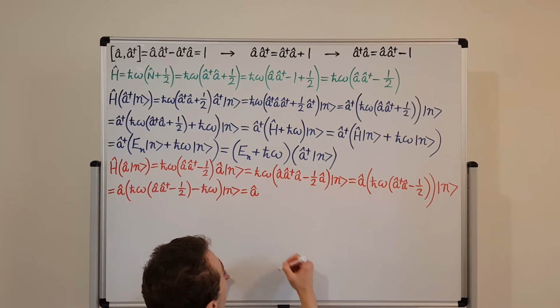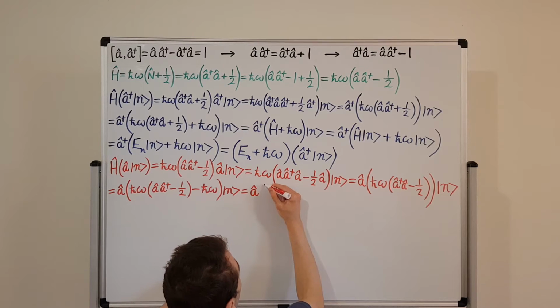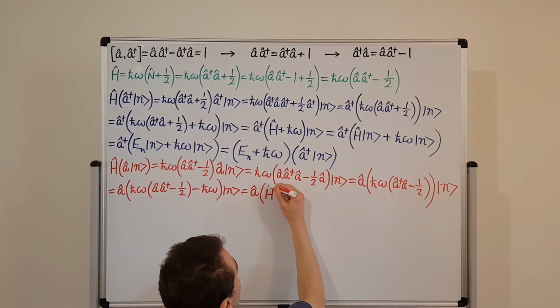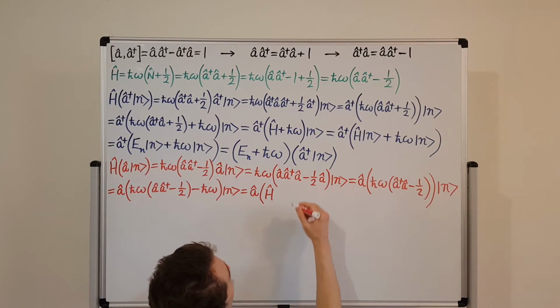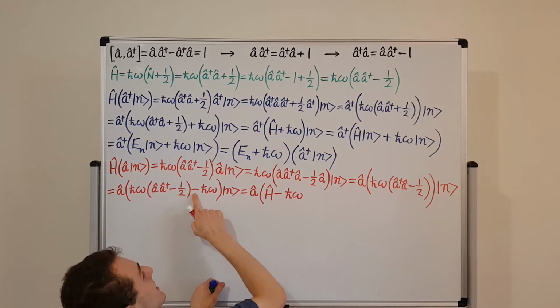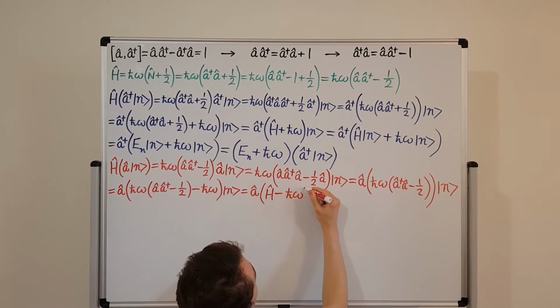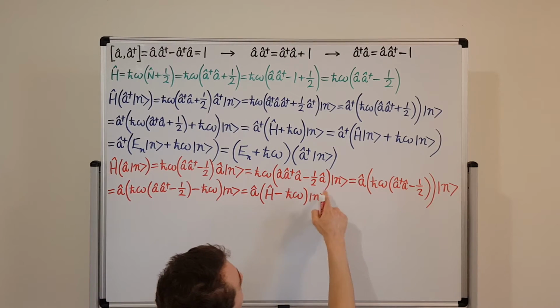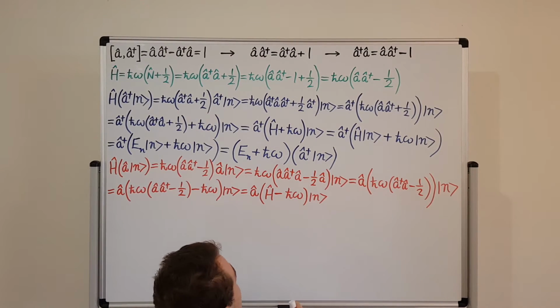It's not getting in on the action, but it will soon. So we have A over here, and then we have the Hamiltonian operator, just a different form than we had up here, minus h bar omega. So now we're subtracting h bar omega. That's this minus sign over here. And all of this is acting on the eigenstate, or the ket, labeled by lowercase n.